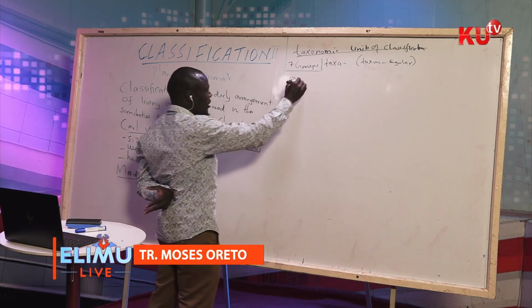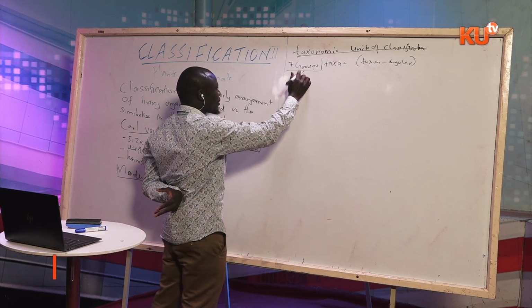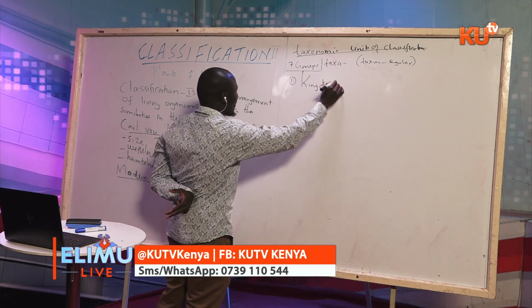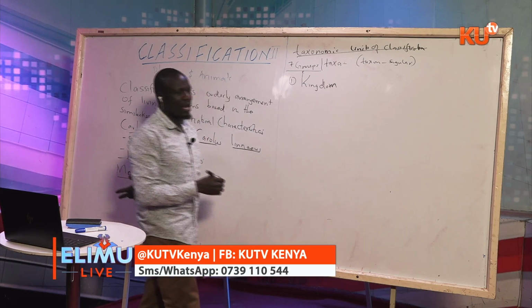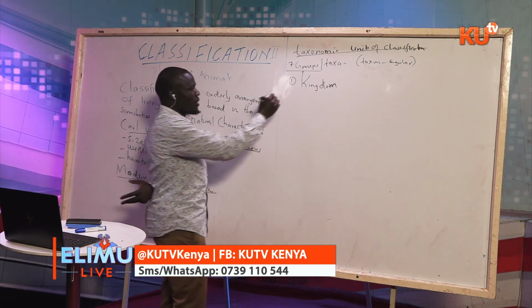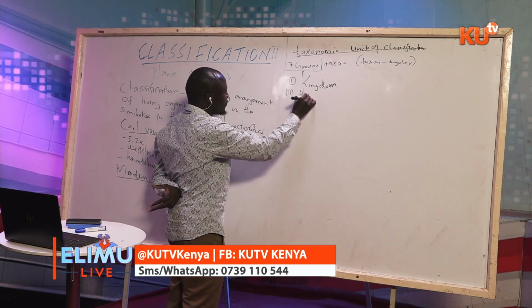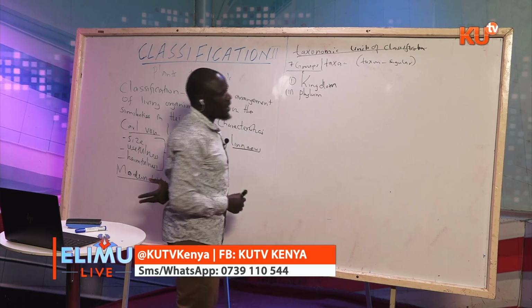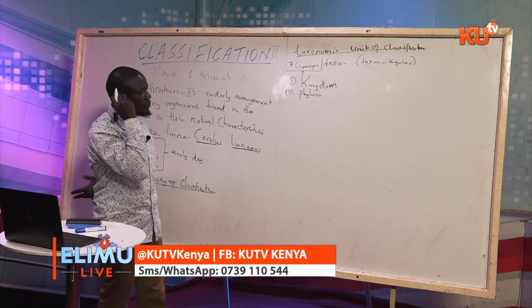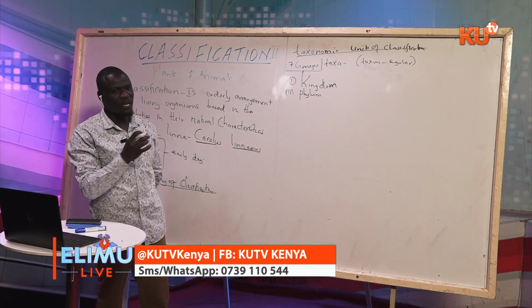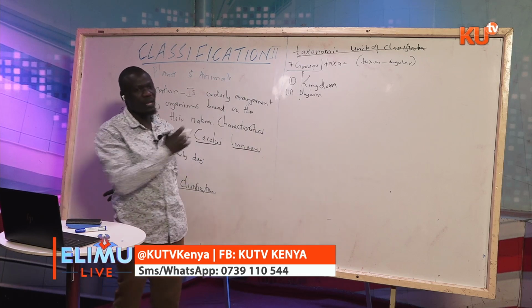The first taxon, or the first among the groups that we have, is referred to as the kingdom. After kingdom, it is followed by the phylum. We should be able to know biological terms in singular and also in plural.